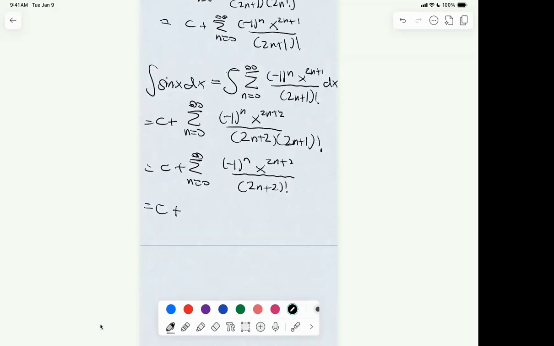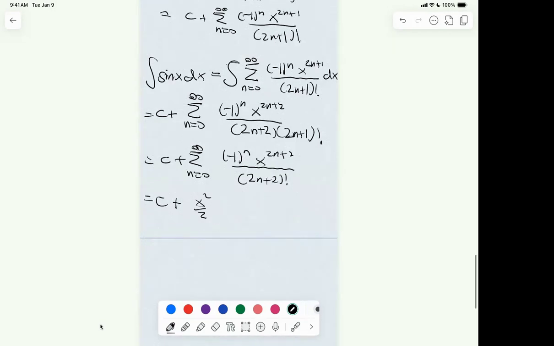Well, right, this would give x squared over 2, but there's a minus here. Oh, no, of course, it won't give you the cosine one, it will give you minus the cosine one, right? Yeah, I'm sorry, this cannot be compared directly. Sorry about that. I'm talking to myself and I'm sure what I'm saying doesn't make sense, but okay, so you would get c plus x squared over 2, right?